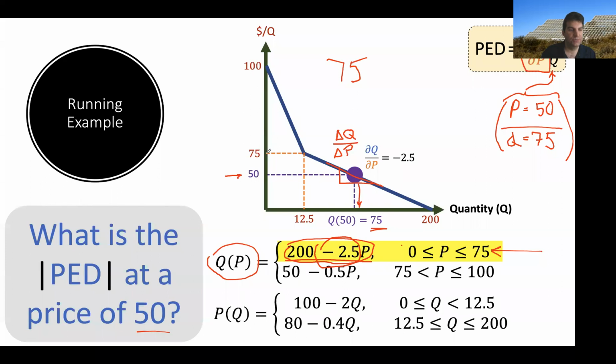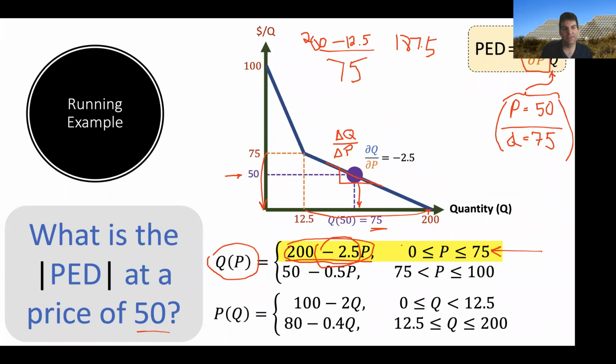So if I jump down from 75 to 0, that results in an increase in quantity of 200 minus 12.5. And if I do 200 minus 12.5, I get 187.5.